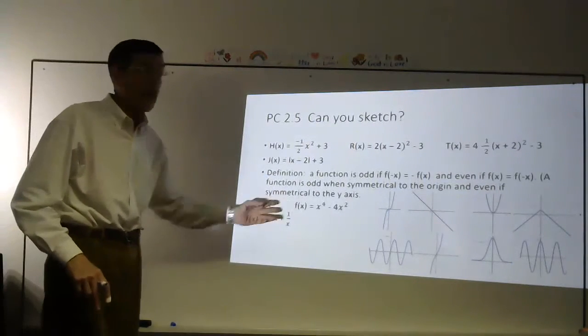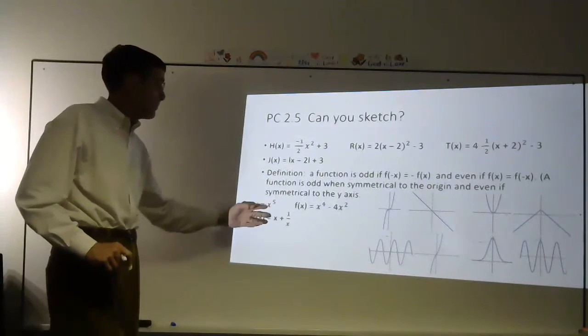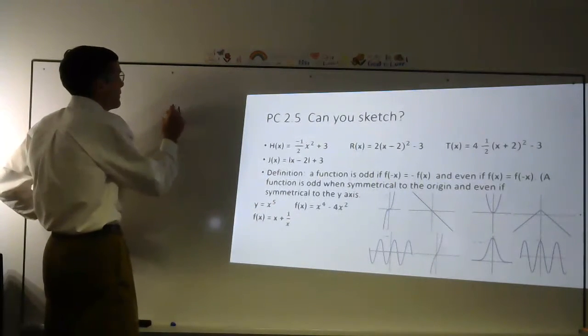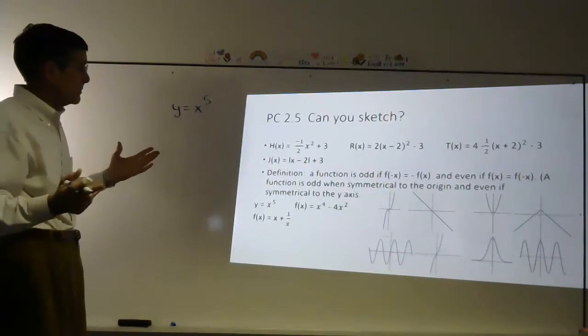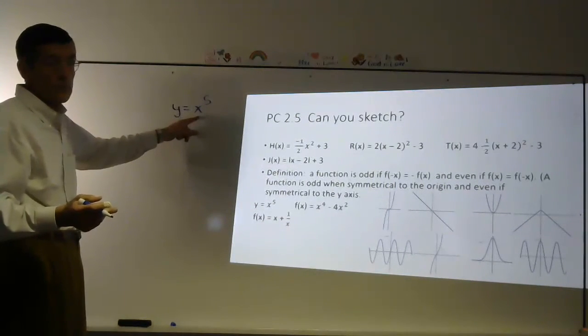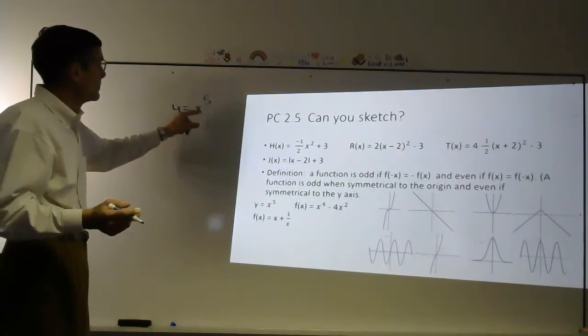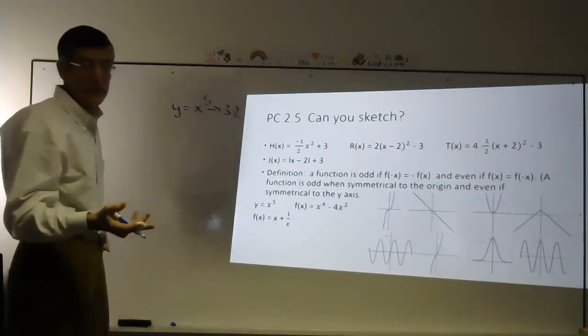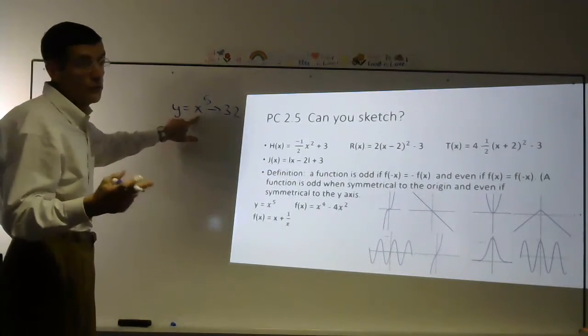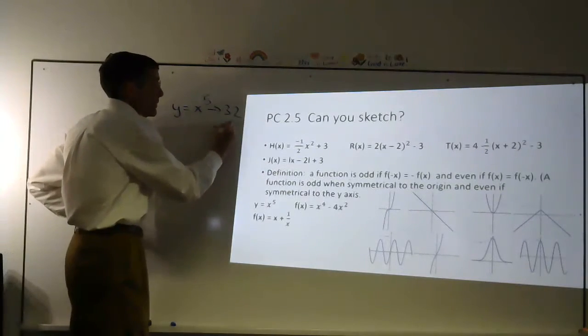Now, what if you don't have a graph? What if you don't have a picture, like y equals x to the 5th? Okay? Try value. Just put in 2. When x is 2, this is 32. Now put in negative 2. Negative 2 to the 5th is negative 32.